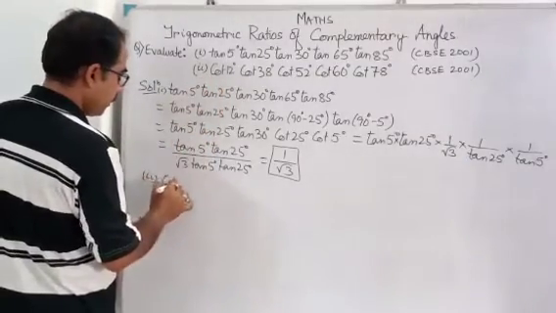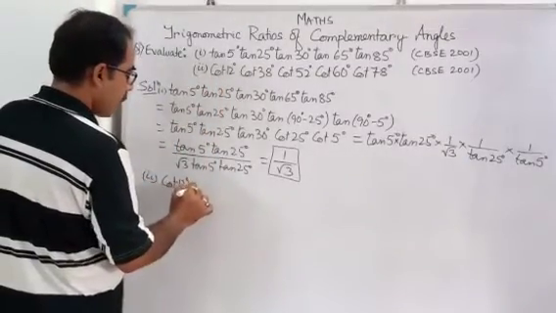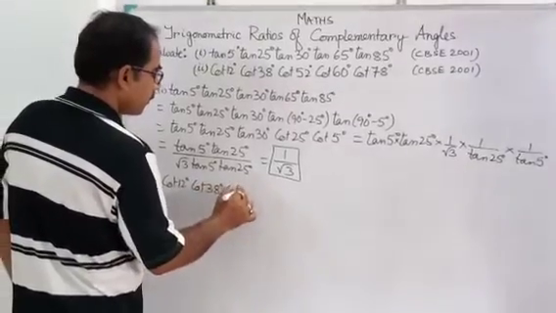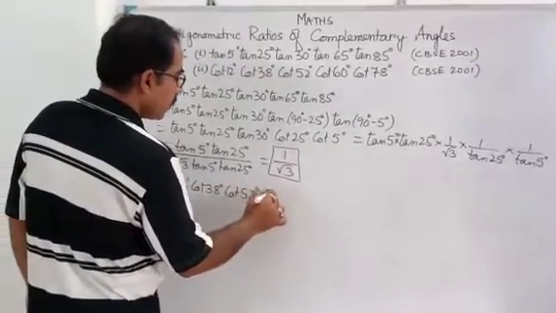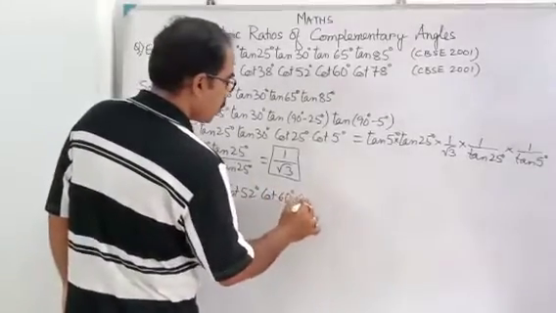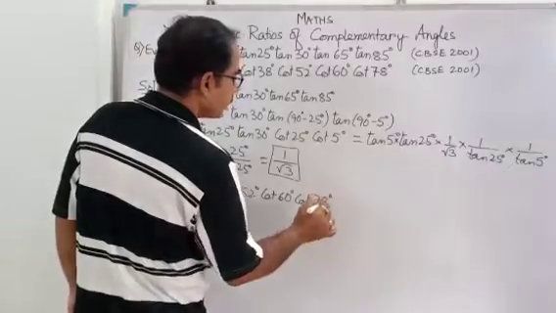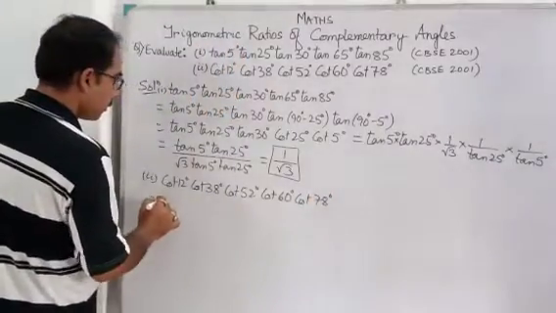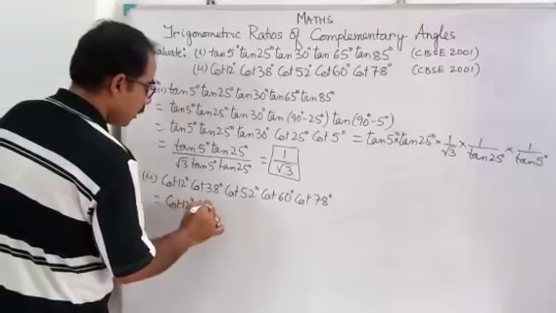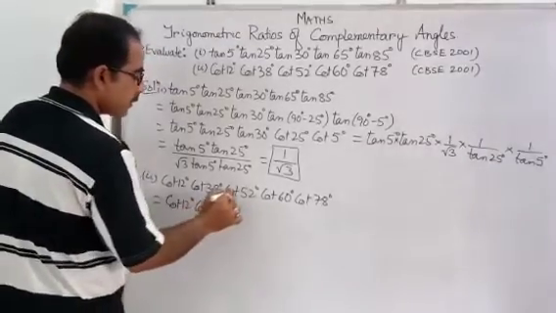Cot 12 degree, cot 38 degree, cot 52 degree, cot 60 degree, cot 78 degree. Okay students, so in same way, cot 12 degree, cot 38 degree, keep it as it is.